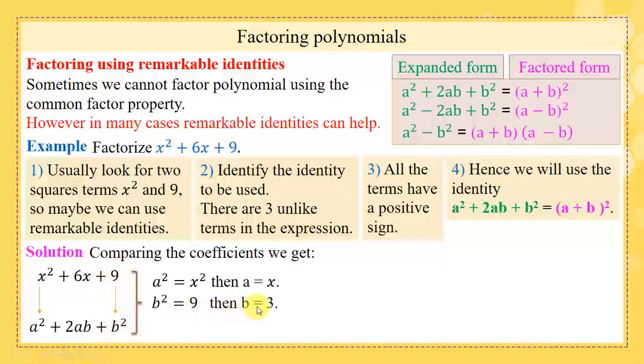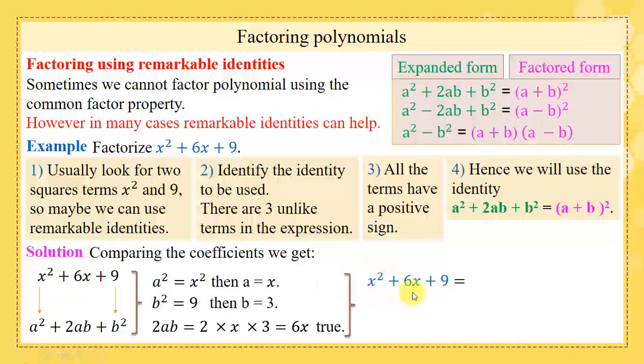This means that b equals 3. Now we have the value of a, which is x, and the value of b, which is 3. 2ab equals 2 times x times 3. We use this to check if the answer is true or not. The answer is 6x, which is true.